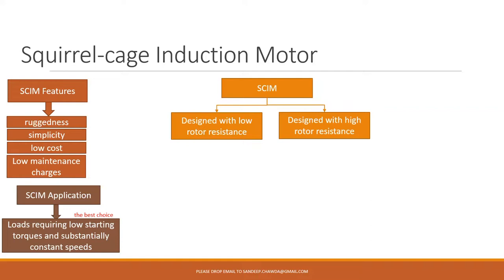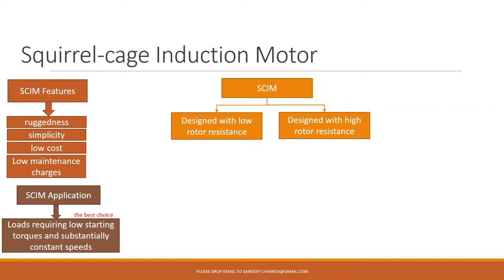The load requires low starting torque. In such applications, you can use squirrel cage induction motor. Another thing, where you require a constant speed, for such applications the preferable motor is squirrel cage induction motor.